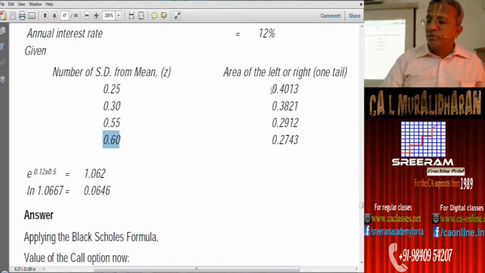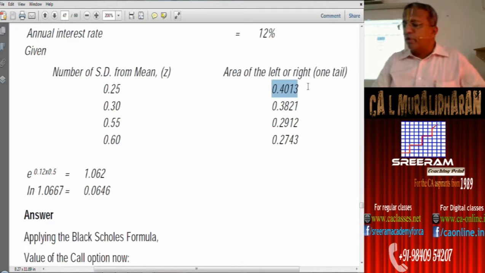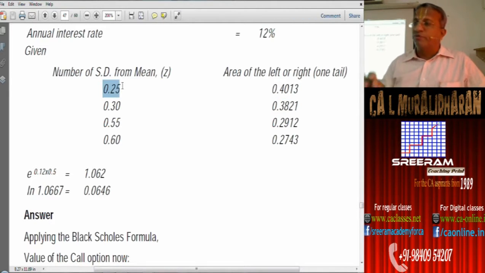So how much would they have reduced from 0.5 to arrive at this figure of 0.4013? They would have reduced 0.0987. 0.0987 would have been the normal table value for 0.25.